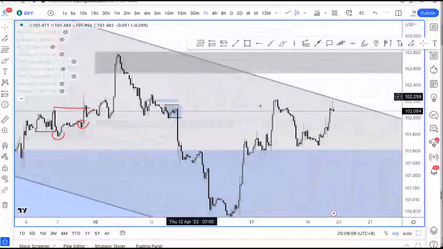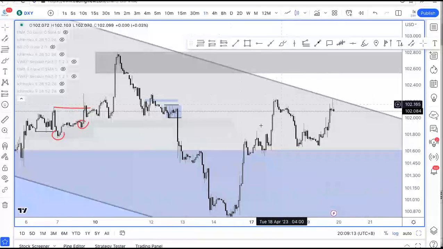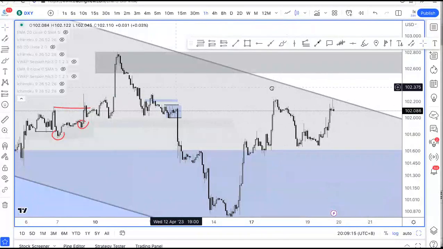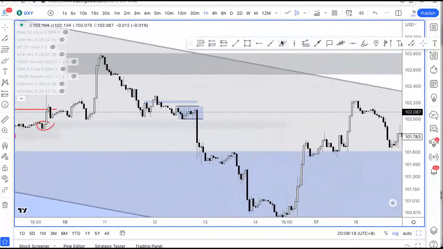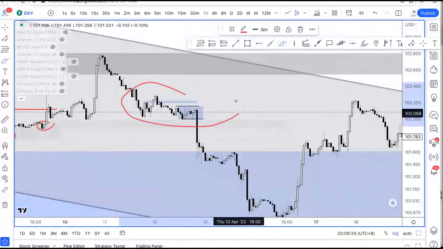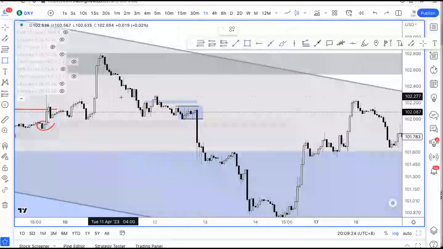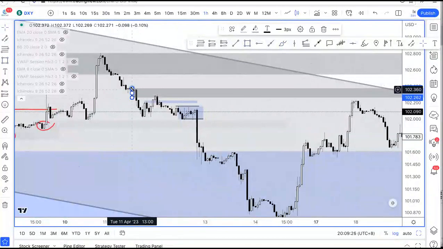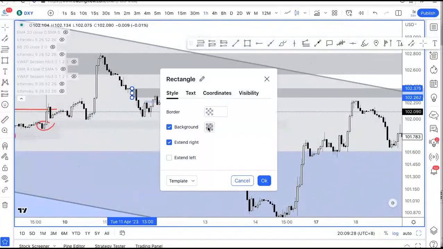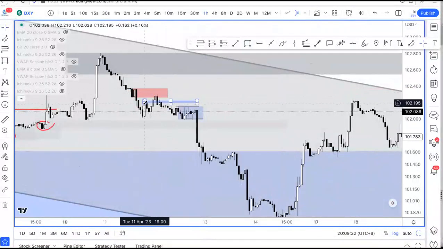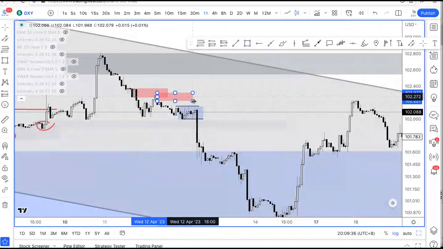But if you extend this further, you can see that right now prices are coming into this area here. If you focus on this portion, you can see that there's this supply chain being formed. We have this resistance area here, and then again over here, the extreme of this move.